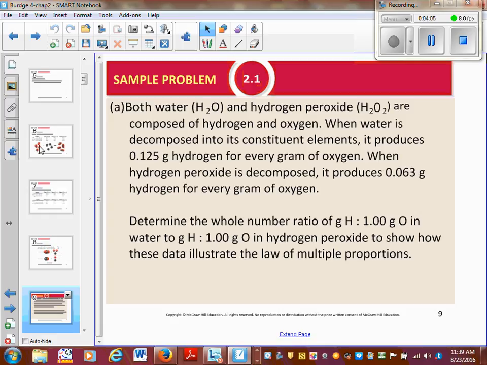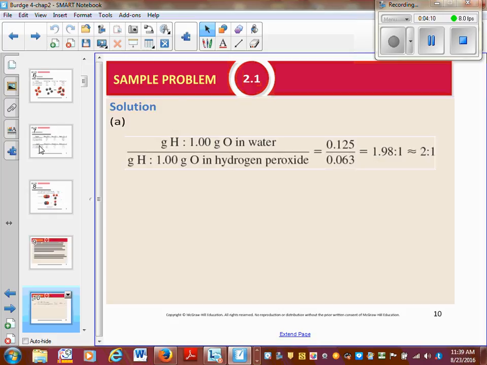So again, we're going to do the ratios. 0.125 for the hydrogen to oxygen ratio in water, and 0.063 for hydrogen to oxygen in hydrogen peroxide. So it's 2 to 1 hydrogen to oxygen. So water is H2O. Hydrogen peroxide is H2O2, 1 to 1, 2 hydrogens for 2 oxygens.